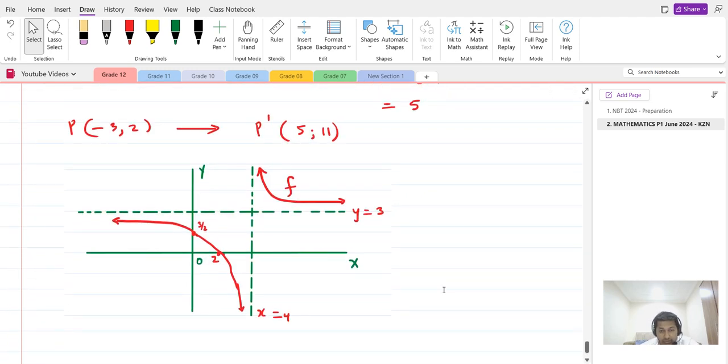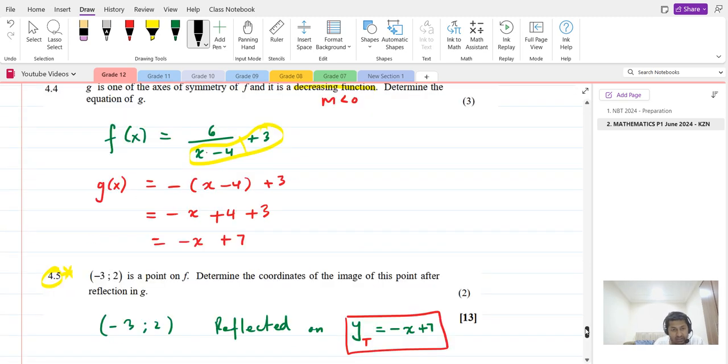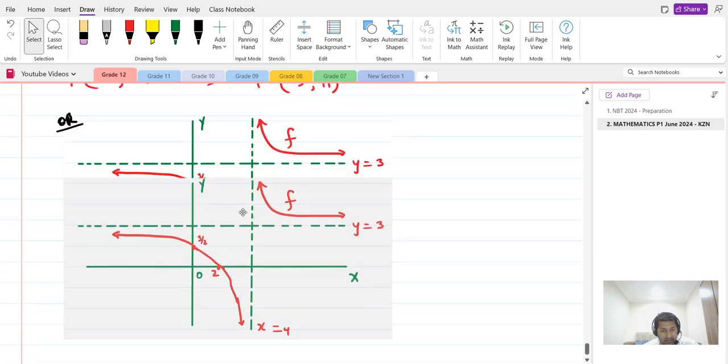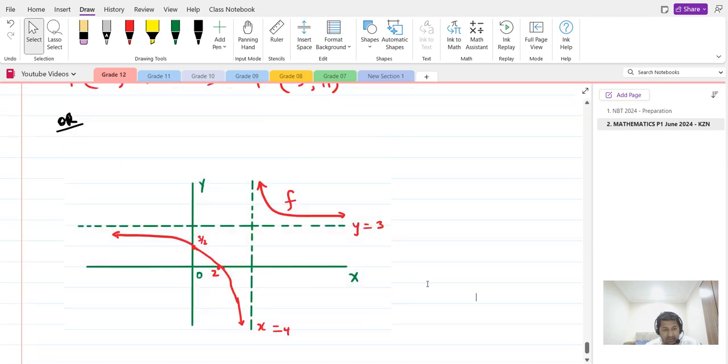Method 2. The second method is, let's draw the graph of g on the same system of axes. The graph of g has y-intercept 7, and the x-intercept will also be 7 because it's a decreasing function, right? So 7 and 7. I probably need to go and extend this. This was 3, 7 will be somewhere around there.